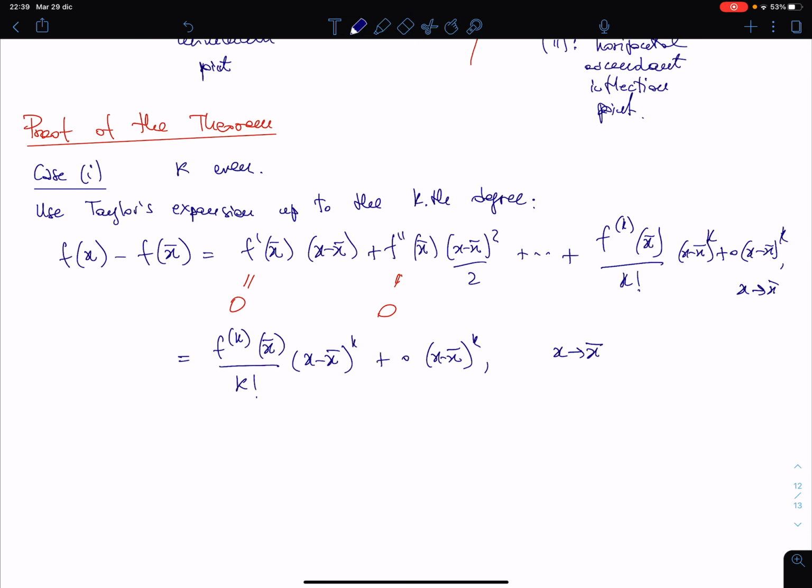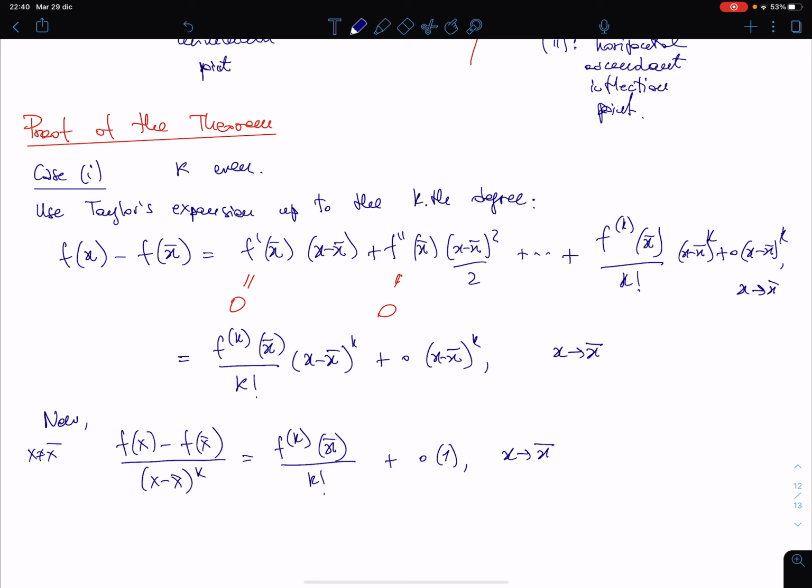Now we divide by (x minus x bar) to the power k. Of course, x is different from x bar in order to perform this division. And this is f^(k) computed at x bar divided by k factorial, plus little o of 1 for x going to x bar.